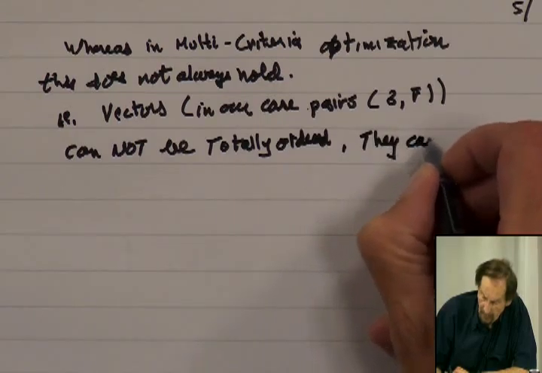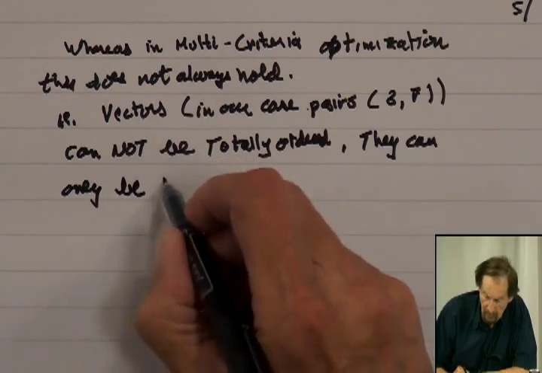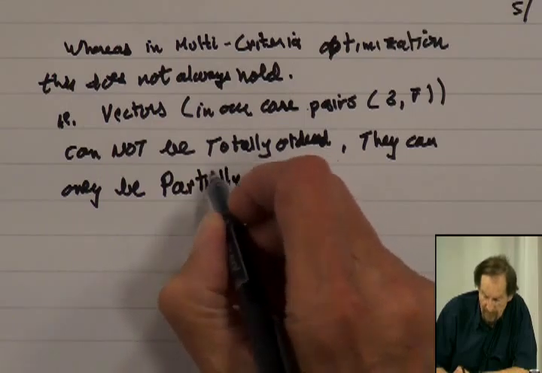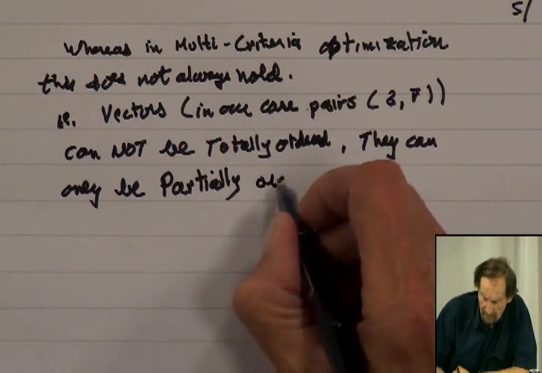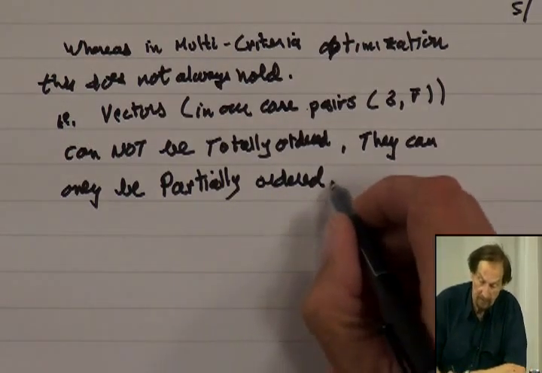They can only be what we call partially ordered. And we'll give some examples. Don't worry about some of this mathematics. We'll give some examples to make this clear.